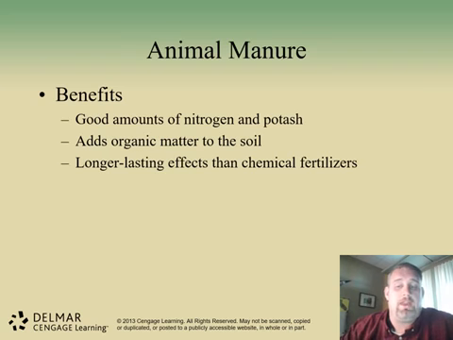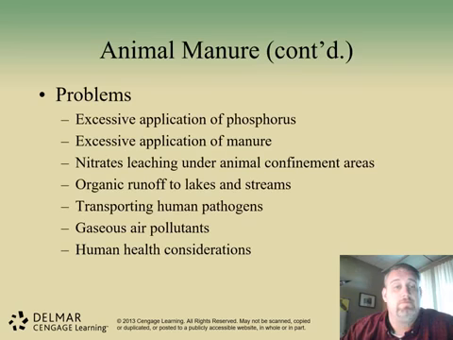You can't apply these directly to plants, and typically they are added into a soil and then mixed or tilled in. You do not apply them directly to the tops of plants unless they've been composted to reduce some of the nitrogen within the manure.